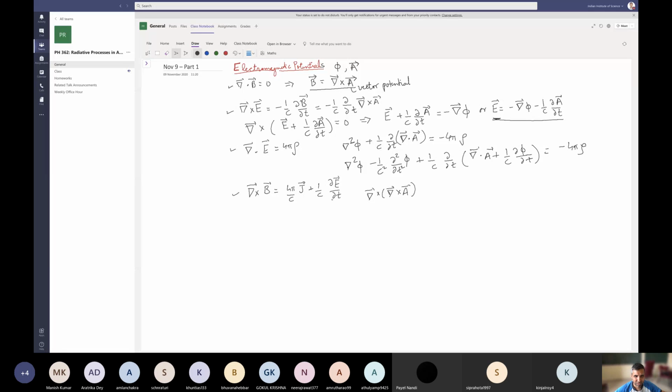Now, this minus 1 by c dou E dou t is what we want to write. So minus 1 by c dou E dou t will give you, let me just write this down and then I'll tell you how we get it. dou t grad phi plus 1 by c dou A dou t is equal to 4 pi by c times j.